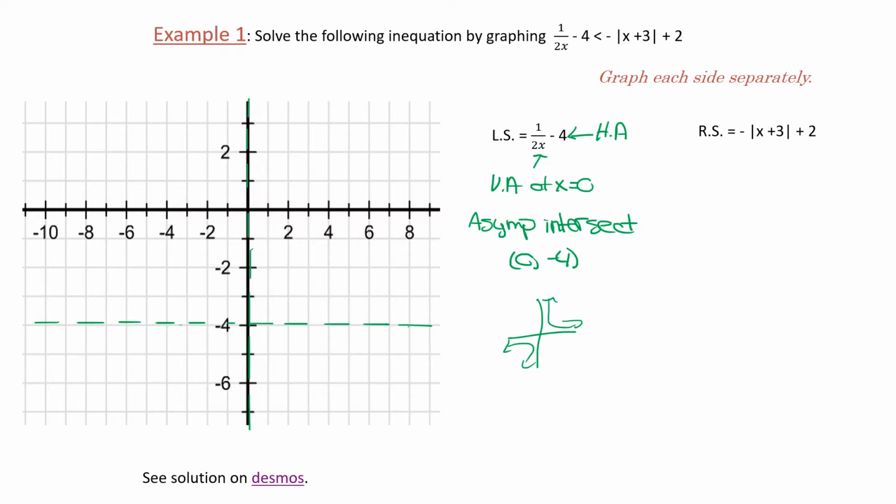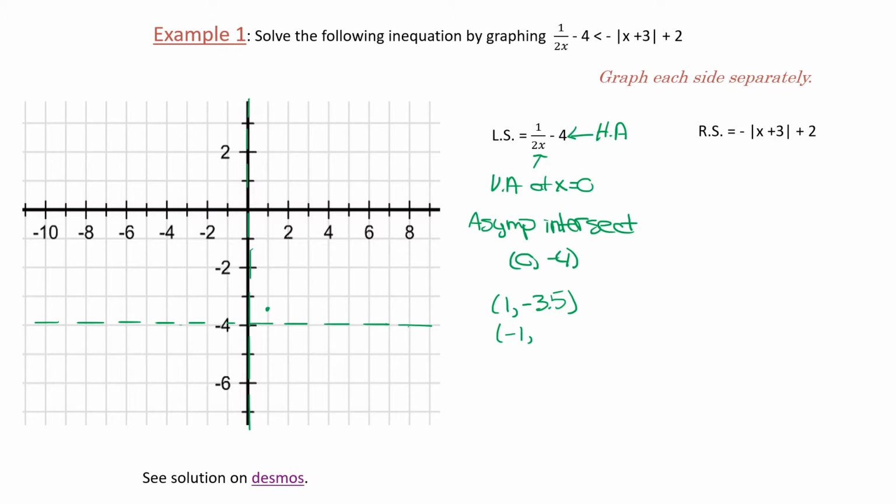But we can just sub in to get a few points if we're not completely comfortable with graphing right there. So for example, if you sub in a 1 into the function, we're going to get 1 over 2 minus 4. So that's -3.5. So we can put that on, 1 and -3.5. And you can do that and get a few more points. It's always good to get one in the other quadrant.